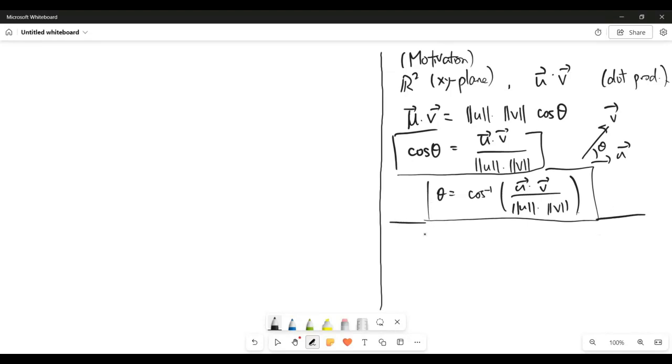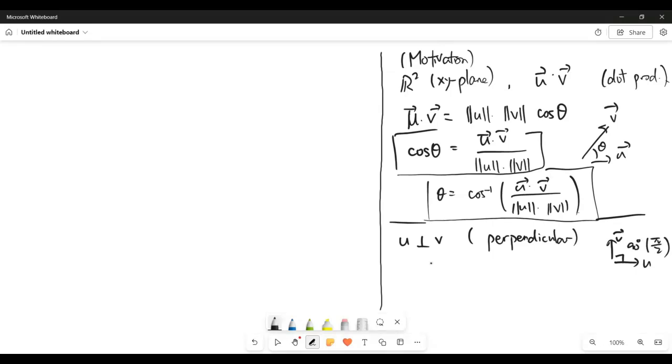And there's a special situation here. We call u perpendicular to v. The mathematical notation I'm using here means perpendicular, meaning that u and v are separated by an angle of 90 degrees, or in radians, pi over 2.